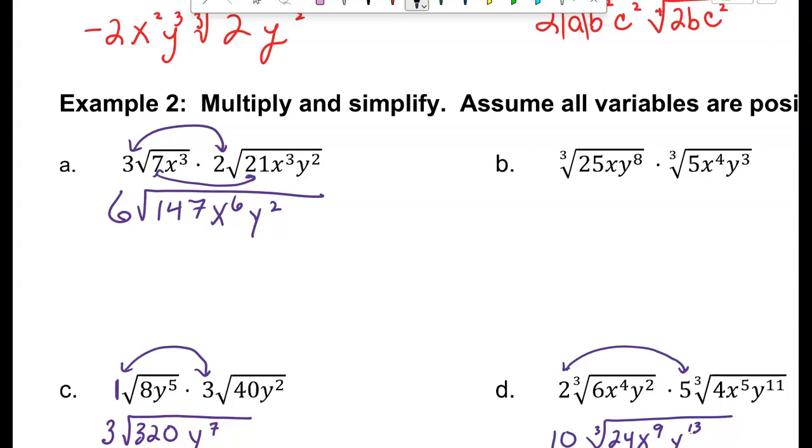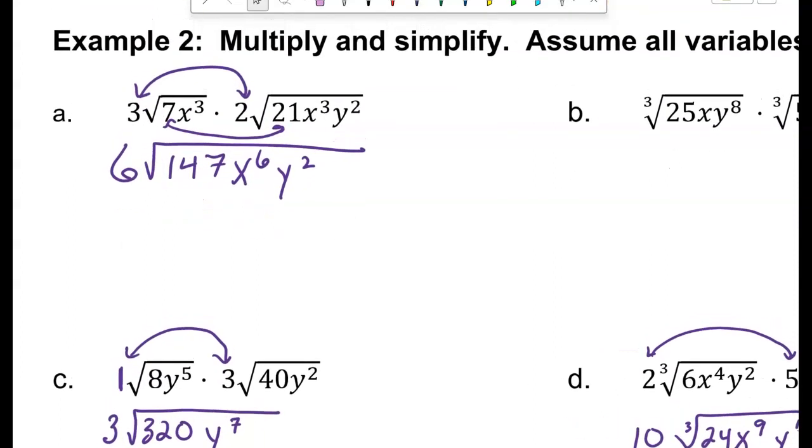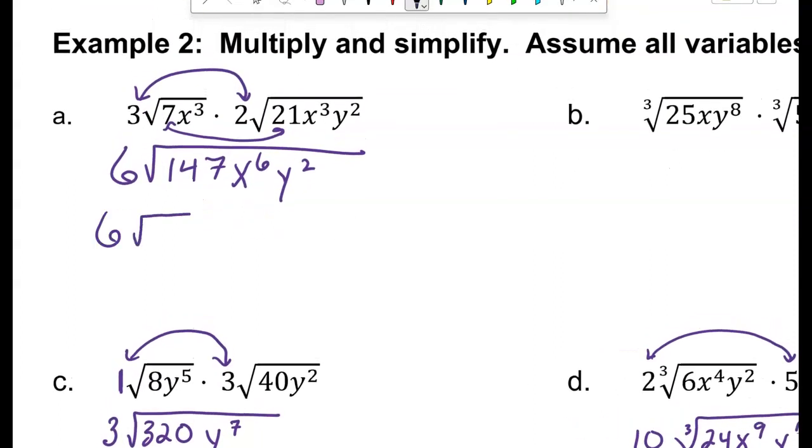Now that they're multiplied, you have to simplify. That's when we're doing square roots, so we're going to have our square root symbols. Guys, what is the largest perfect square number that is a factor of 147? 49. How did I know this, guys?